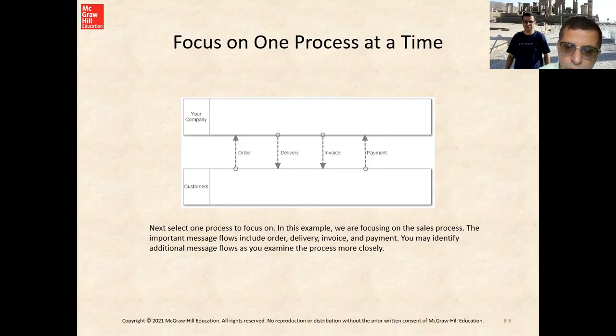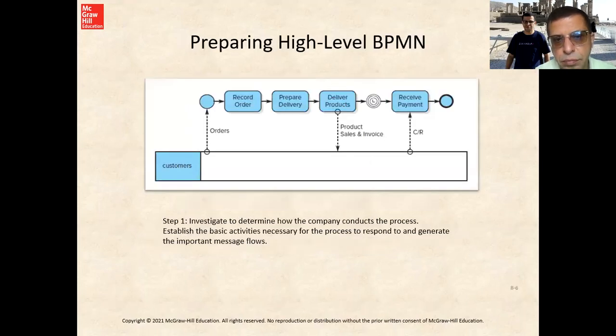You might identify additional message flows as you examine it. What else can you see in this case? You have a customer, and the customer sends you an order. So what's the next thing that happens? You record the order, you prepare the delivery, you deliver the products to the customer, and you invoice it, but at the same time you do a credit, and when payment is received, you credit your payment received.